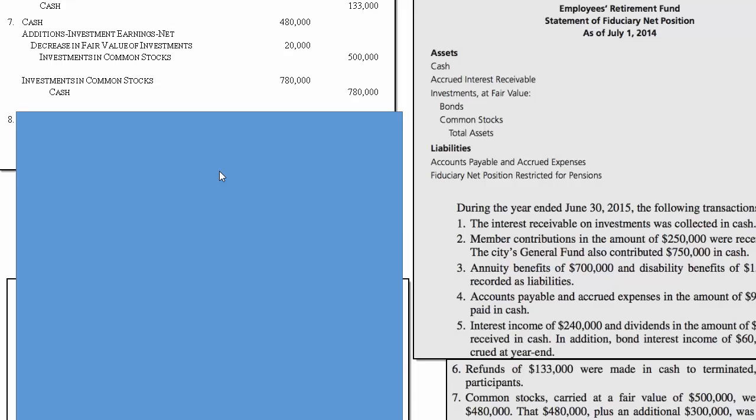That's the other debit, and the credit is to the investment in stocks. And then we turn around and we take the proceeds and invest them, plus an additional $300,000, in stock. So we have the $480,000 plus another $300,000, all reducing cash. That comes to $780,000, and the debit would go to investment in common stock. So we've got two transactions for number 7.